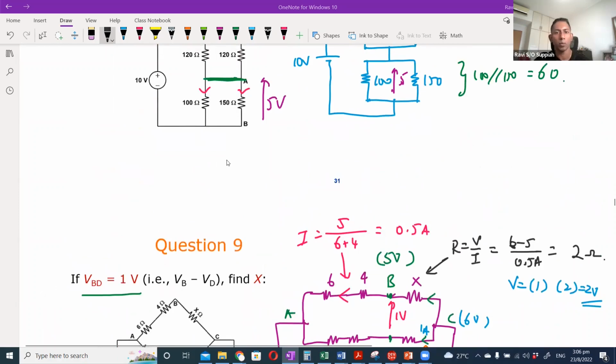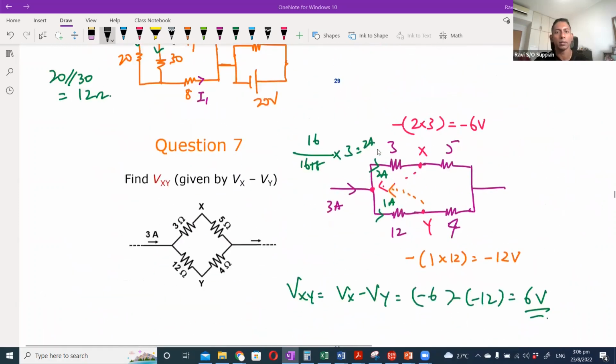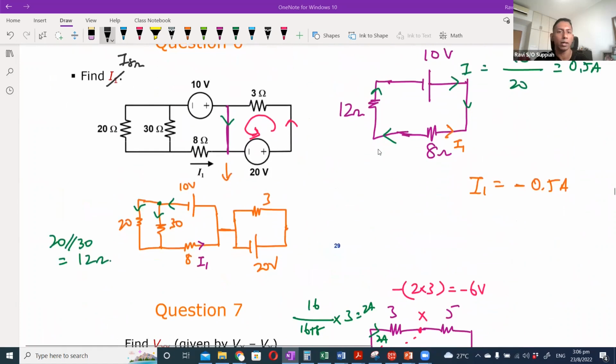There's a question on question 6: why is this considered two separate circuits? Like I said, whatever current is flowing in this branch or in this branch is only going to be affected by the 10 volt, and whatever current is flowing here is only going to be based on the 20 volt.